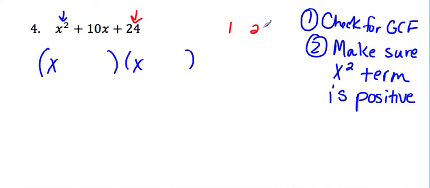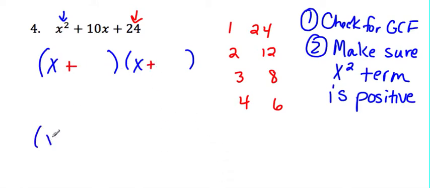I have 1 and 24. I have 2 and 12. I could have 3 and 8. And 4 and 6. So as we said in the first 3 examples, if this is a positive 24, then I either have to have 2 pluses or I have to have the same combination and they both can be subtraction.